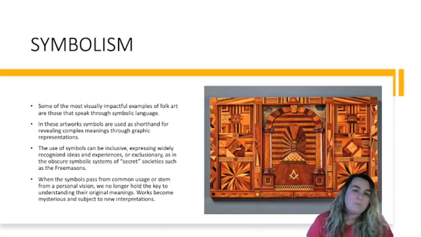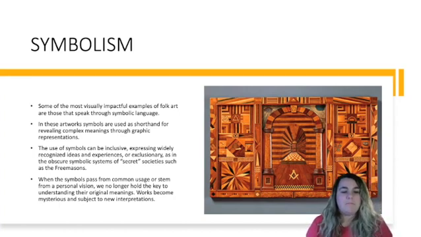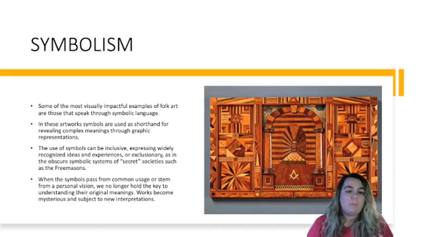When symbols pass from common usage, or they stem from a personal vision, we no longer understand the key to their original meaning. We lack being able to understand the true intent. And then these works become mysterious and they become subject to new interpretations based on how we see them.